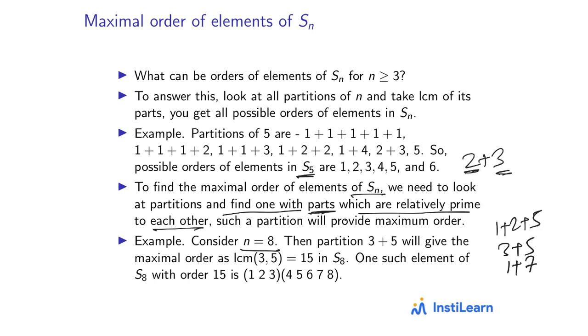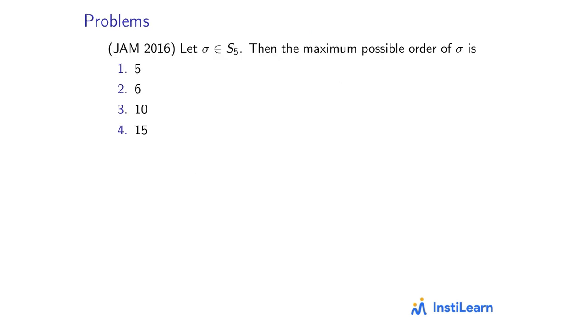You can look at them: 1 plus 2 plus 5 will give you the order 10, 5 plus 3 will give you 15, and 1 plus 7 gives 7. So you can see that 3 plus 5 is the partition which will give you the maximal order 15 in S8. And one such element you can find: you have to find a 3-cycle and a 5-cycle, and this is one such element with order 15 in S8.